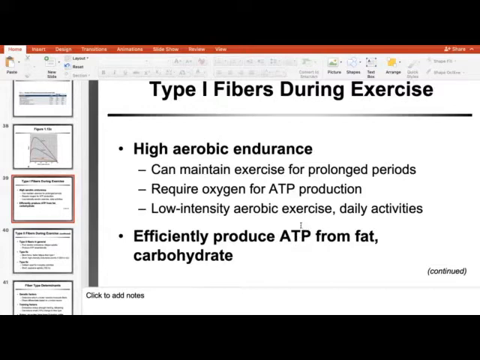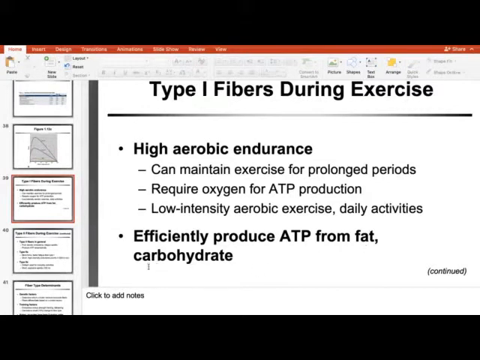So the ATP that a type 1 muscle fiber type is going to get is typically going to come from fat or carbohydrate stores. And if it's coming from fat, the fat's going to be broken down from a triglyceride in beta oxidation and go into the mitochondria and break down eventually through the Krebs cycle and result in ATP from that mechanism.